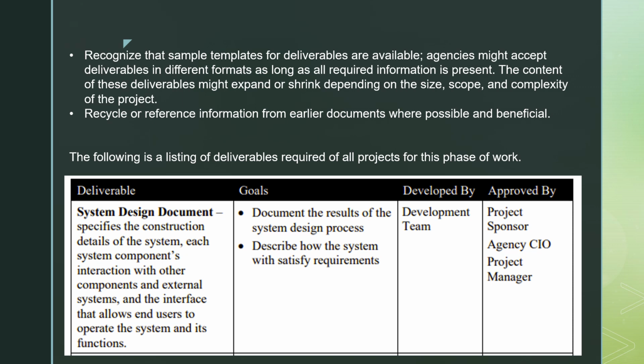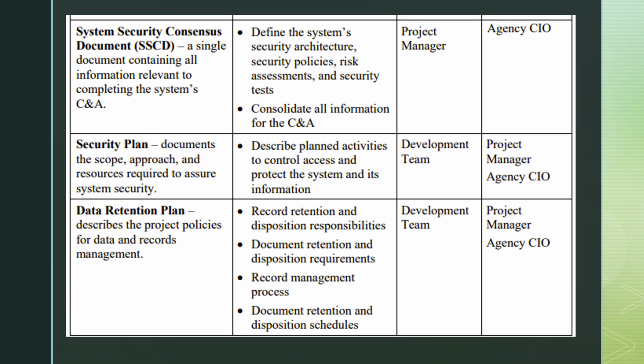Goals: document the results of the system design process and describe how the system would satisfy requirements. It would be developed by the development team and should be approved by the project sponsor, agency CIO, and the project manager.